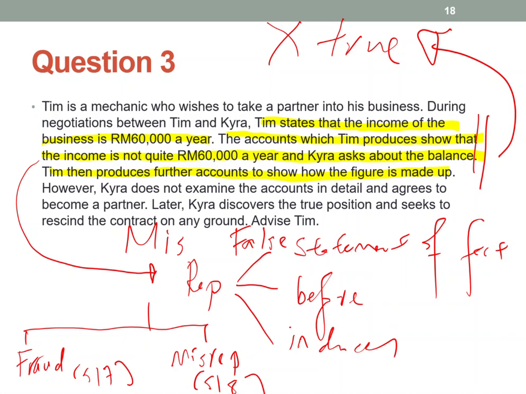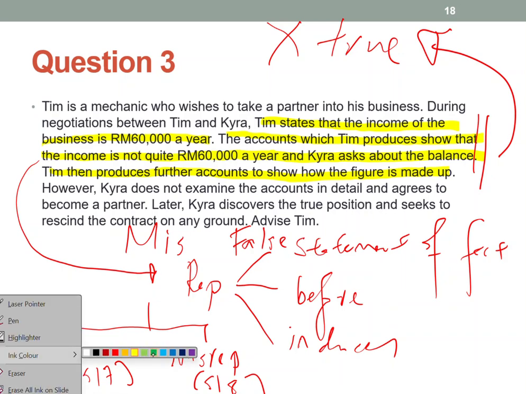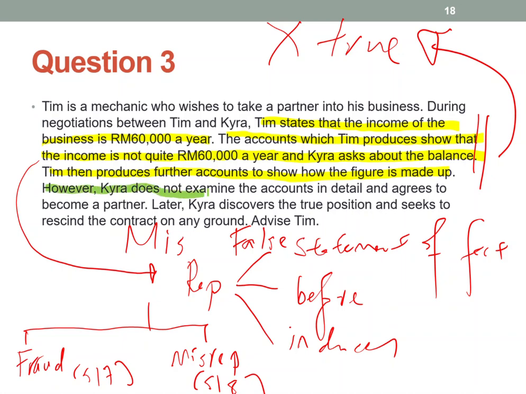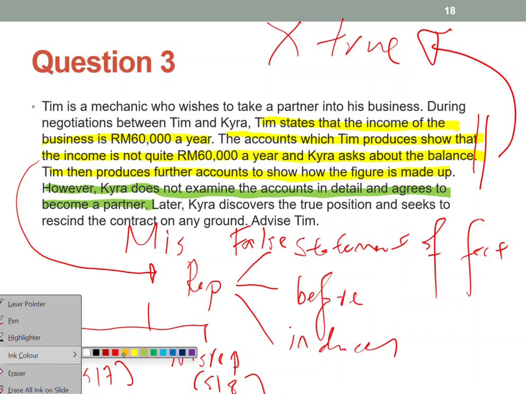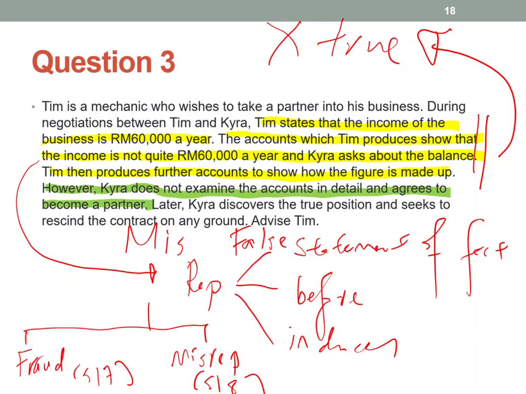When Tim showed the accounts, Kiara did not examine the accounts in detail, and she agreed to become a partner. Since Kiara did not examine the accounts in detail, it goes to show that she's partly responsible for it, because she could have known the truth if she examined further. So therefore, there may not be any misrepresentation over here.